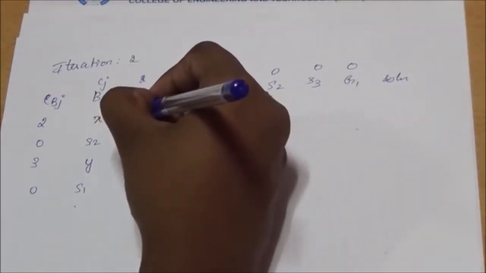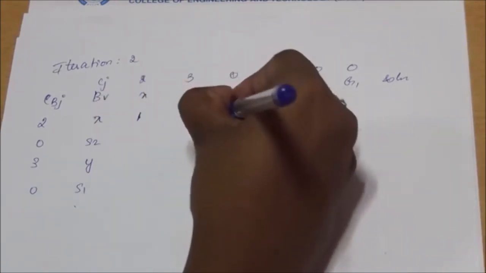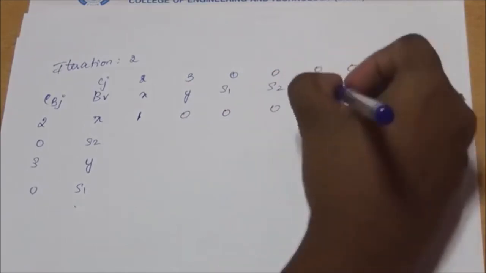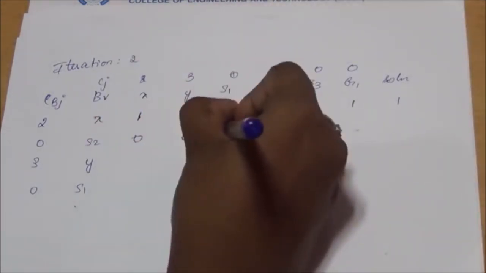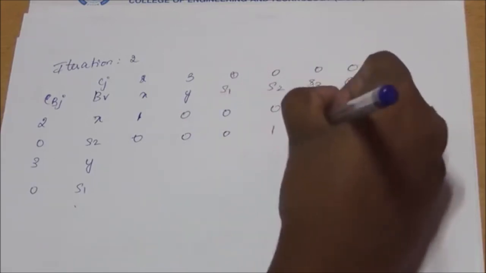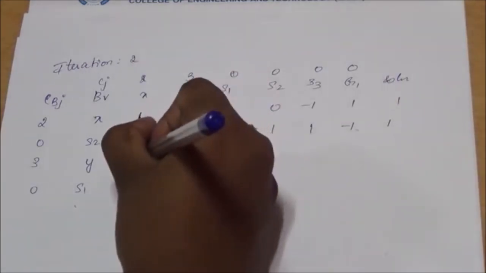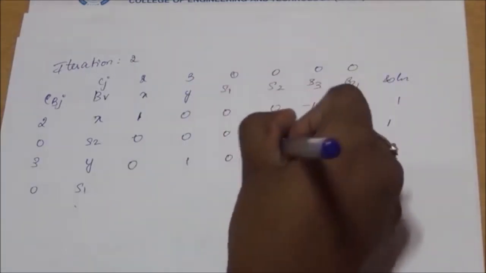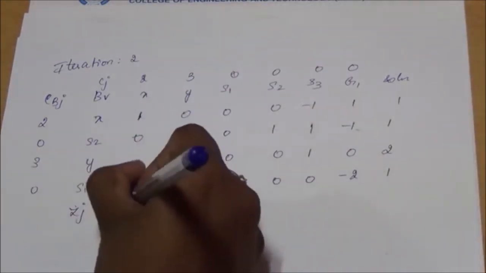We have to follow the same simplex method process here also. We have to find Zj.